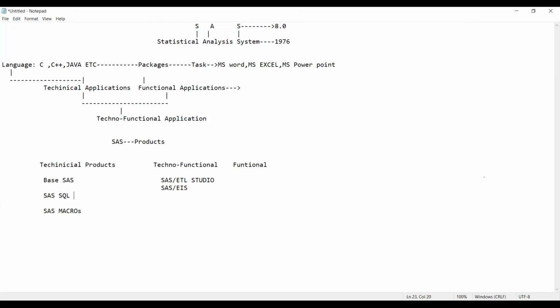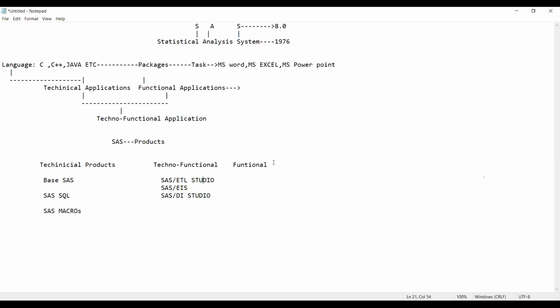This comes under techno-functional. Then we have SAS DI Studio. ETL Studio and DI Studio vary; this is different, guys.